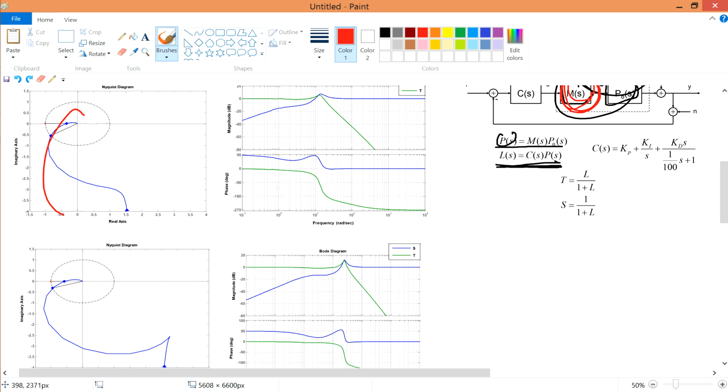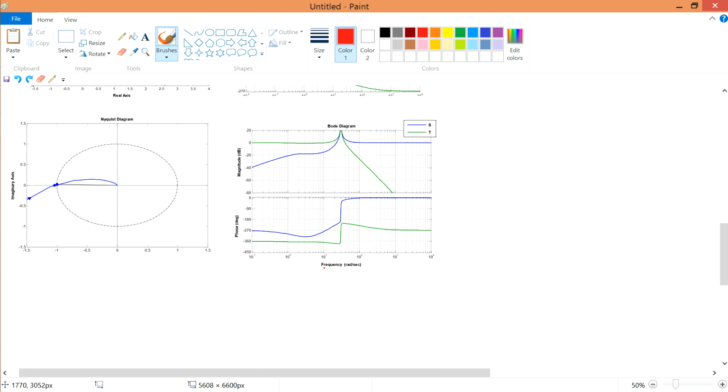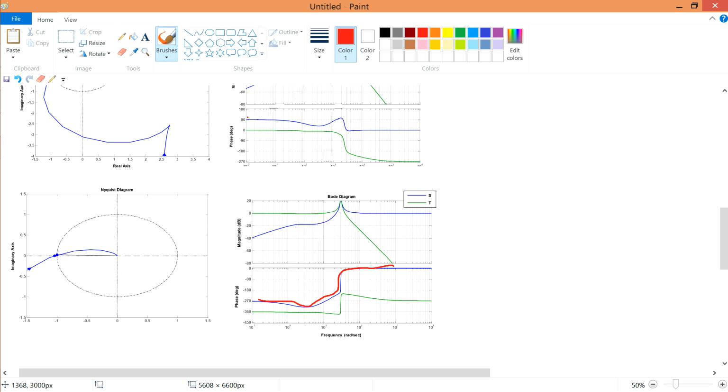Although this is not very clearly shown over here, in terms of the Bode plot, for this peak and this peak, this one is much larger, and the phase is still alright. Then if you go further past negative one, it becomes unstable, and it is really unstable, spiking all the way up, and your phase changes too. As you can see, the phase for your S is first okay and still stable, but after that it goes haywire.